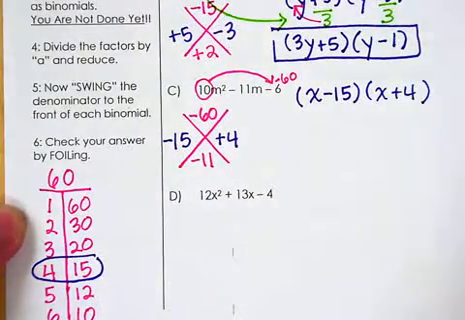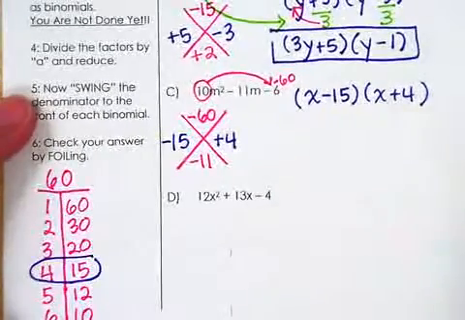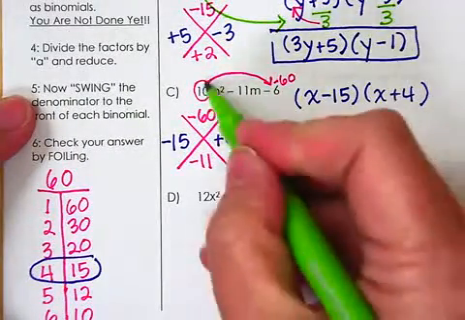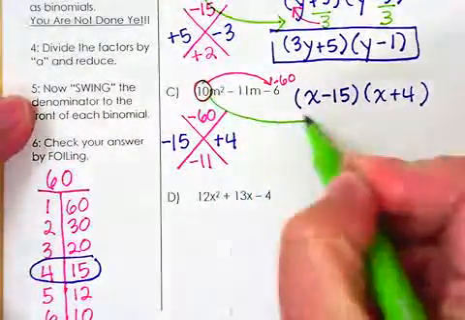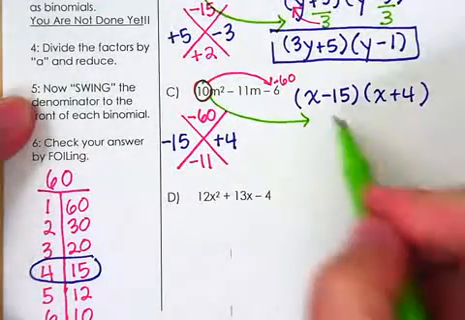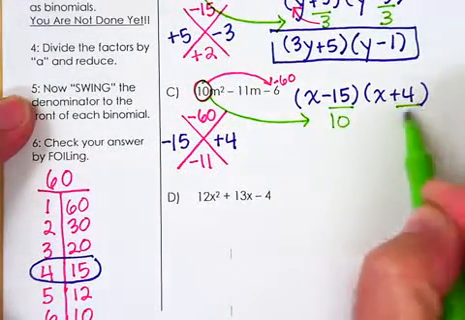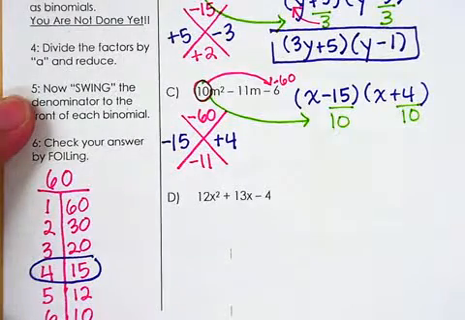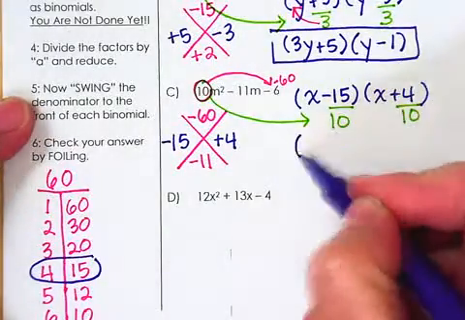Now we do our divide and slide steps. So we're going to take our a value, bring it under, divide by 10, divide by 10. Now, when I notice this division, nothing goes in evenly. So I'm going to reduce both of those fractions.